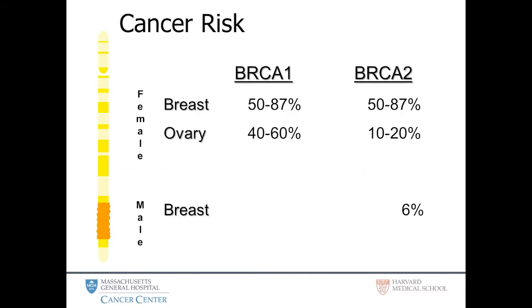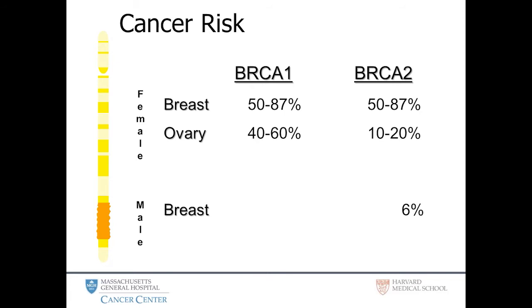All of you are very familiar with BRCA1 and BRCA2. The risk of breast cancer in a female with a BRCA1 or 2 mutation is quite high, anywhere from 50 to 87% in their lifetime. Ovarian cancer risk for BRCA1 is higher than for BRCA2, but both are massively increased above the general population, where the risk is about 1.4%.